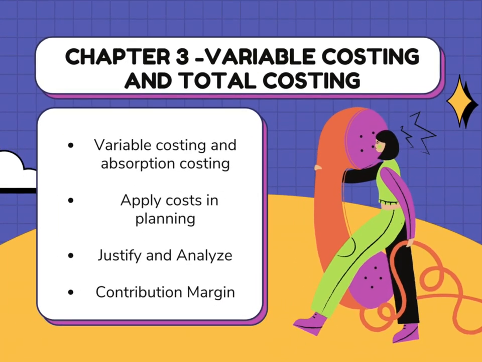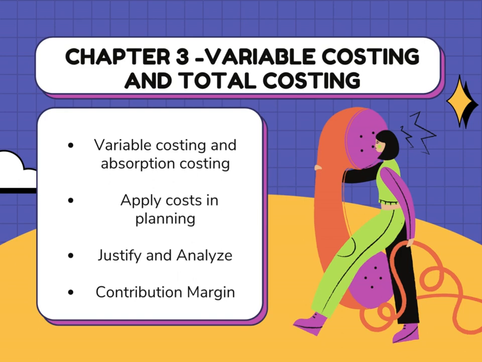The differences in results obtained under variable costing and absorption costing methods primarily stem from how fixed manufacturing overhead costs are treated. It's important to understand the logic and justification behind this difference.